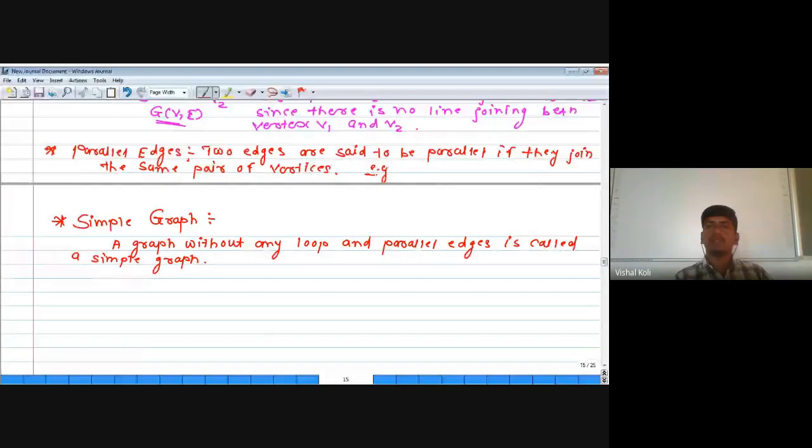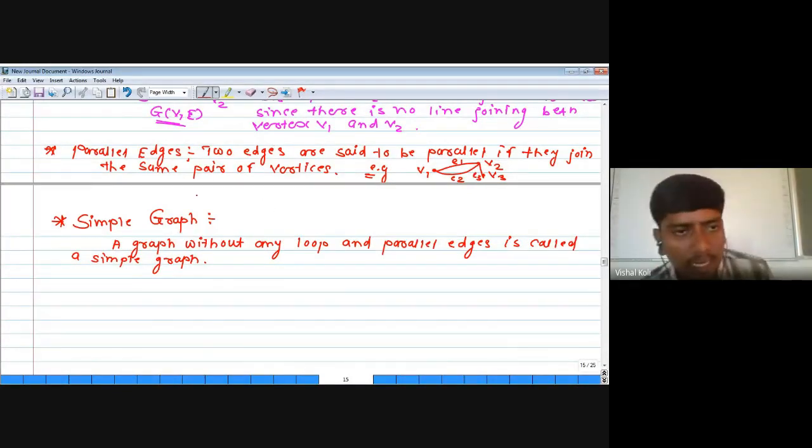Suppose this one is the vertex V1, vertex V2, and vertex V3. This one will be edge E1, edge E2, and here is edge E3. Now we have to see what are the parallel edges. According to the definition, any two edges are said to be parallel if they join the same pair of vertices. As here, edge E1 and E2 join the same pair of vertices.